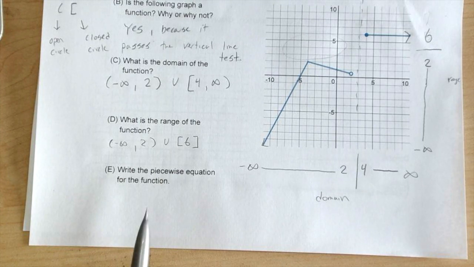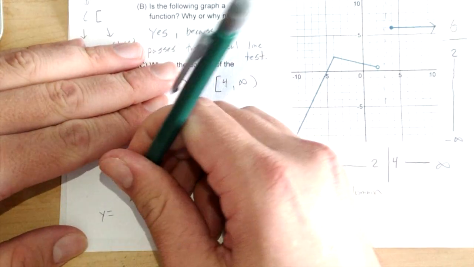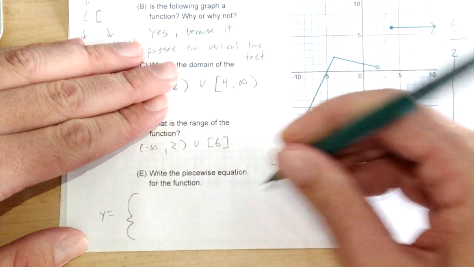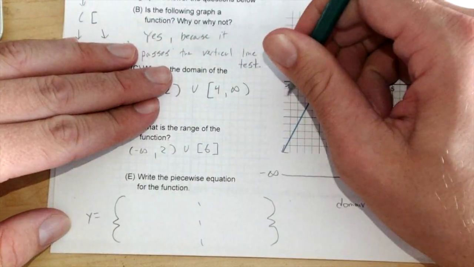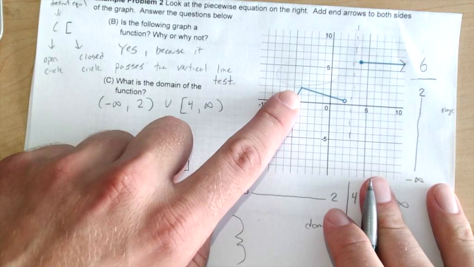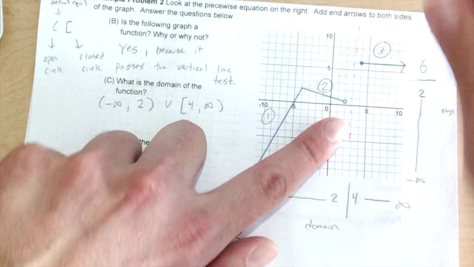But now we want to write the piecewise for this function. And remember that the hardest part about this is going to be the y-intercepts. But we have 3 different parts of my graph. We have 1, then we change because we start going down 2. There's a break, but that's not an equation.